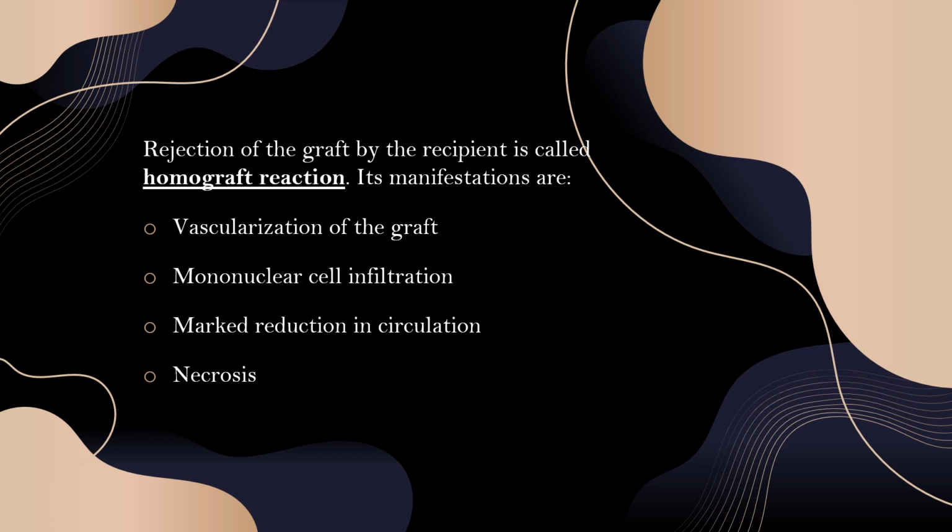Homograft reaction, class, is mainly due to cell-mediated reaction, and the rejection depends primarily on helper T cells, which activate cytotoxic T cells, macrophages, and B cells. However, antibodies still contribute to the rejection of certain transplants, especially bone marrow transplants.